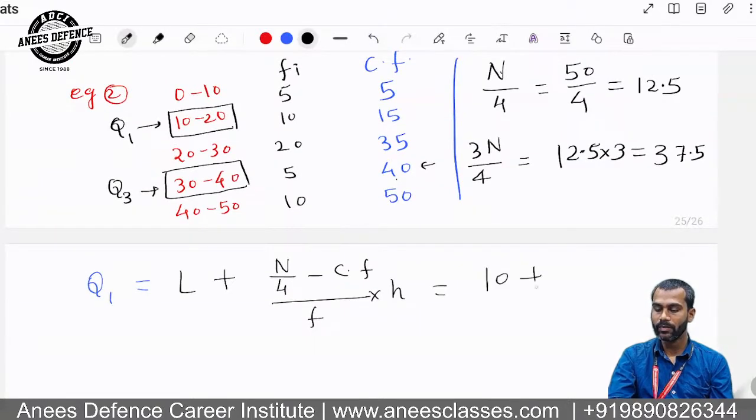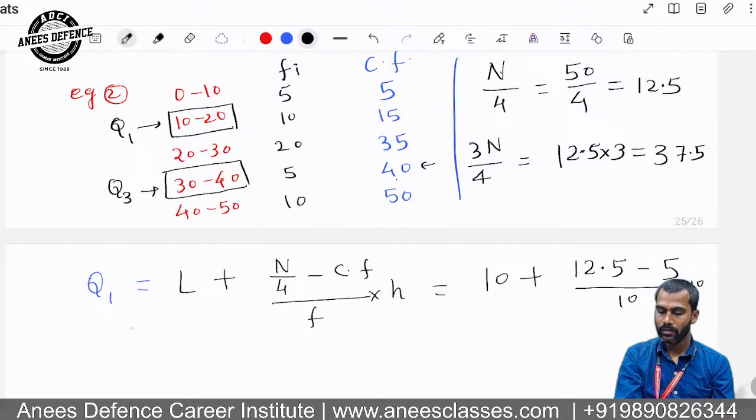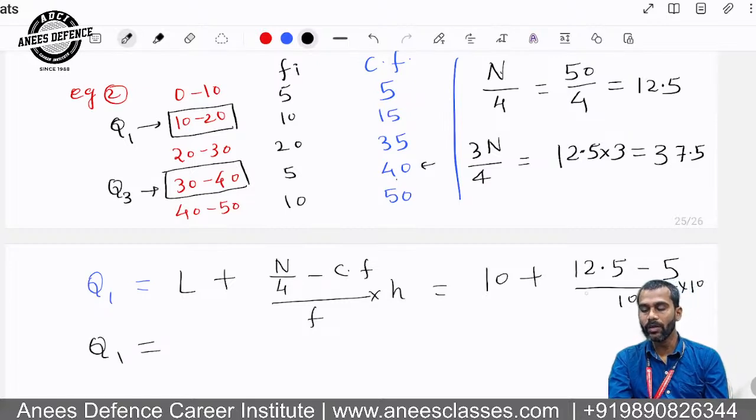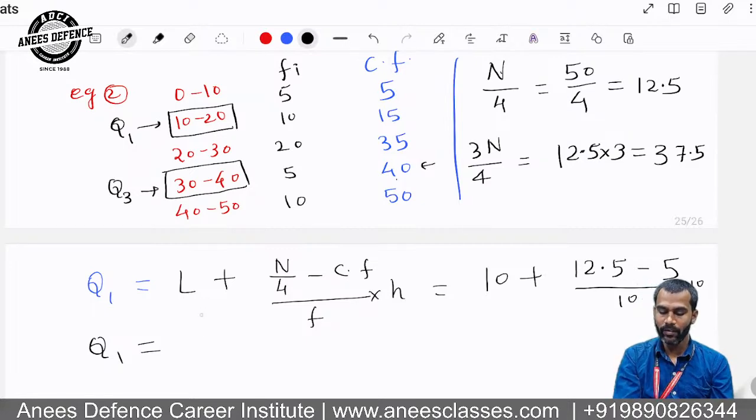Plus 12.5 minus cumulative frequency 5, divided by F, the frequency of the Q1 class, into 10. So Q1 is 10 plus 7.5, that is 17.5. So this is your Q1.